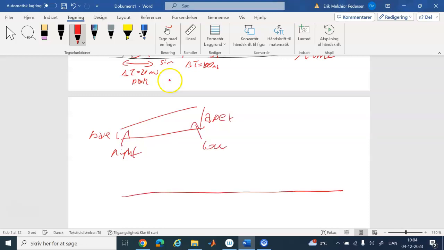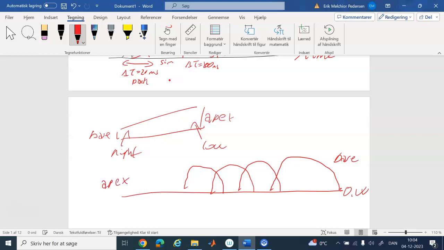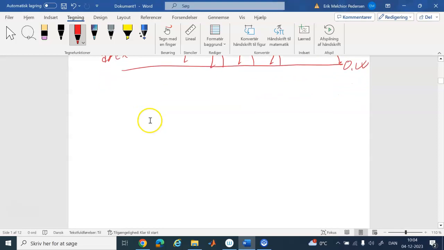So auditory filters here with the oval window, very broad. Auditory filters have the base here, and here we have the apex. Now I can explain auditory filters.